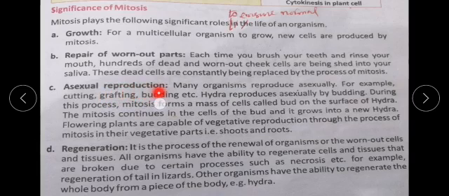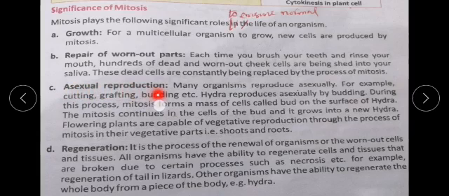Now, reproduction is of two types, that is asexual reproduction and sexual reproduction. In case of sexual reproduction, the organisms produce gametes, the reproductive cells. The gametes fuse together in fertilization and form zygote, and from that zygote, then a new organism is developed.